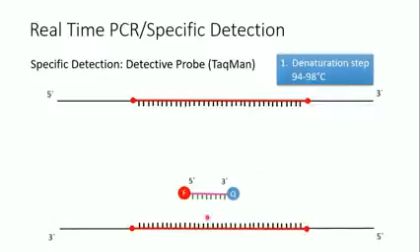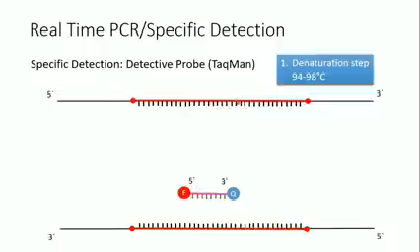At this step, the TACMAN will recognize our DNA strand because it's specific. This is exactly complementary to our gene or our strand or our sequence of interest.